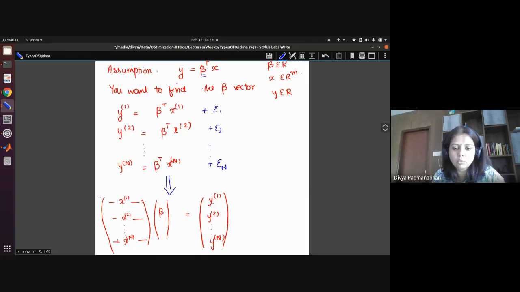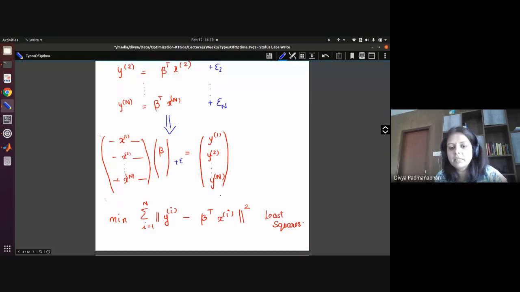You will remember, like a system of linear equations, you may or may not have a solution. So for these kind of problems, you will mostly have this noise term. If you just try to solve this x transpose beta equals y, most likely the solution is not going to exist. So now you relax your notion: you don't want to find the betas exactly.